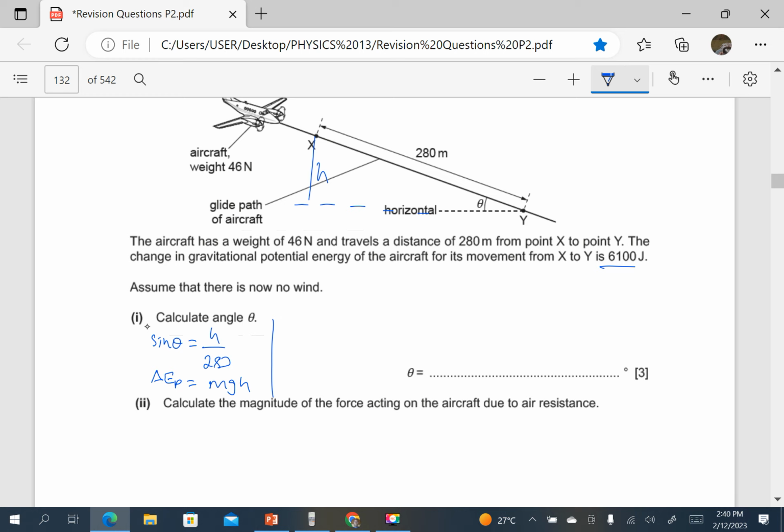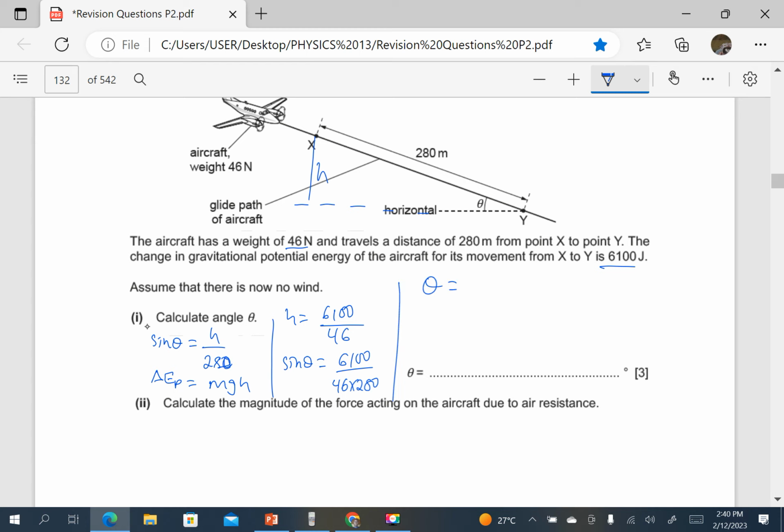So the height h is equal to 6100, the change in gravitational potential energy, divided by mg, which is the weight, 46. So sine theta is going to be 6100 divided by 46 times 280.